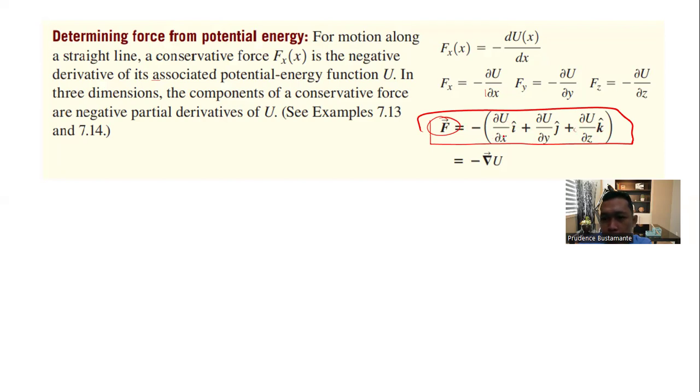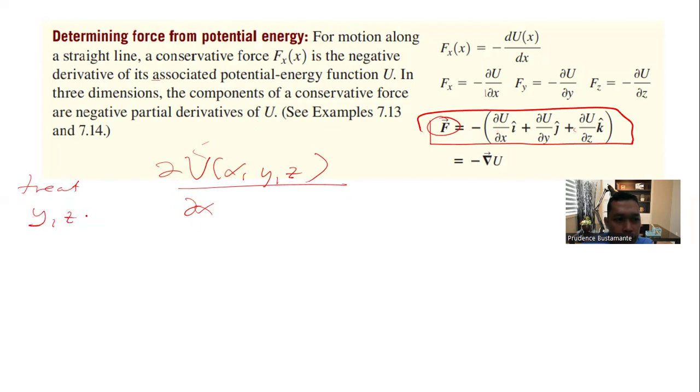So partial means that if you have a function of x, y, and z, for example partial of U over partial of x, it means you treat the y and z as fixed or constant.